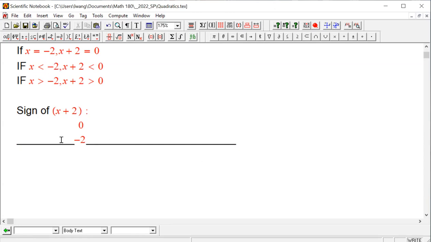If I choose a number less than -2, which is to the left of -2, then x plus 2 is negative.